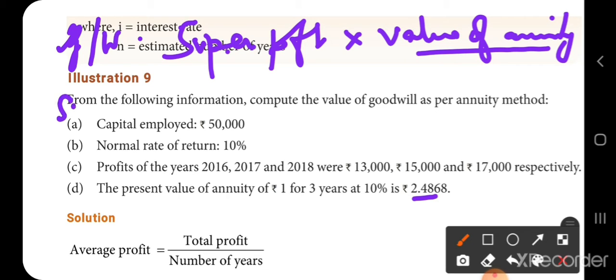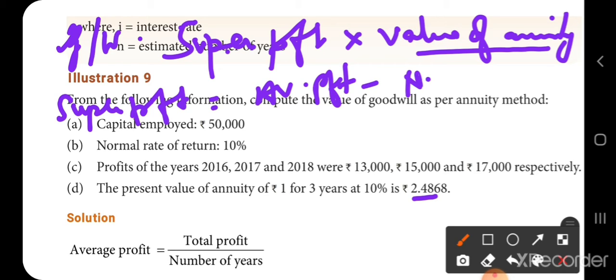Now, what is the formula for super profit? Super profit is equal to average profit minus normal profit. Now, you should calculate what is average profit and you should also calculate what is normal profit. Average profit, the formula is total profit by number of years, that is 13,000 plus 15,000 plus 17,000 divided by 3.